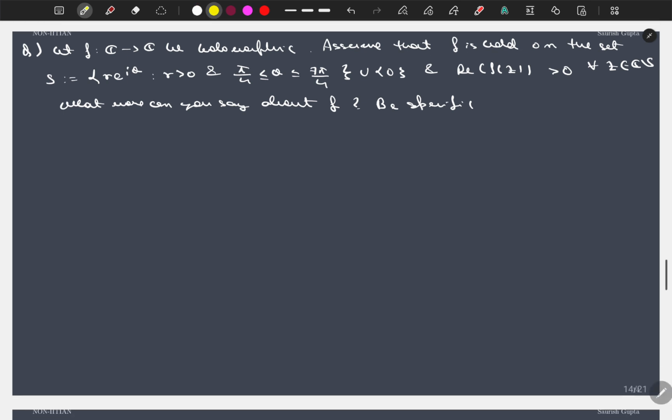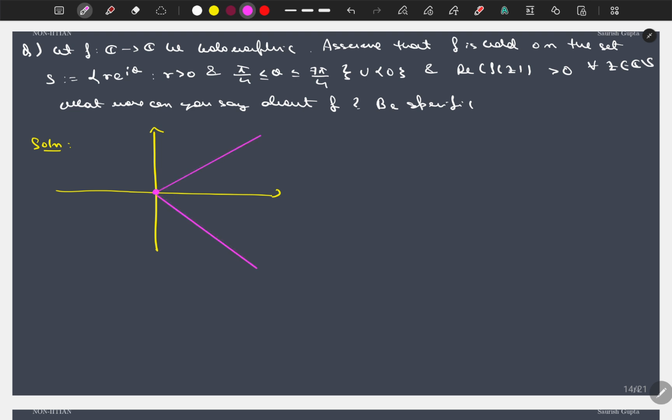Now the solution to the problem lies in drawing the regions associated with the problem. The first sector includes 0, and it ranges from pi by 4 to 7 pi by 4.